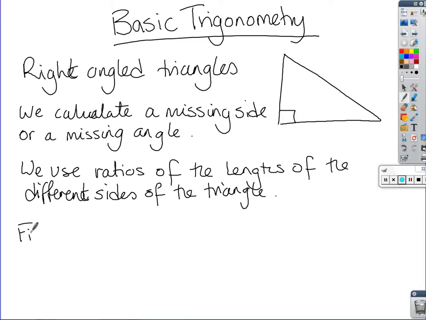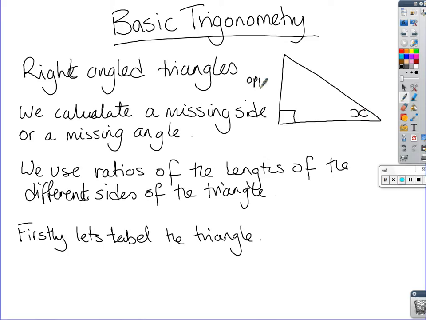Firstly, let's label up the triangle. So if we pick this to be our angle X, then we label our sides up with different names. This side here would be called the opposite, because it is opposite the angle.